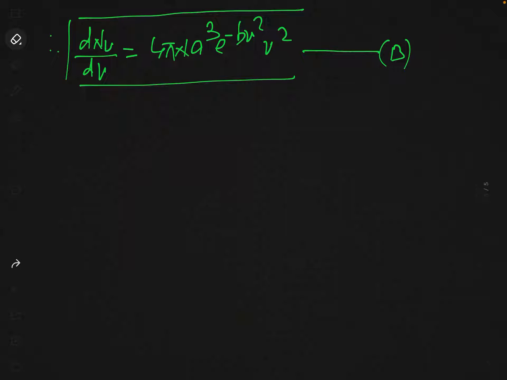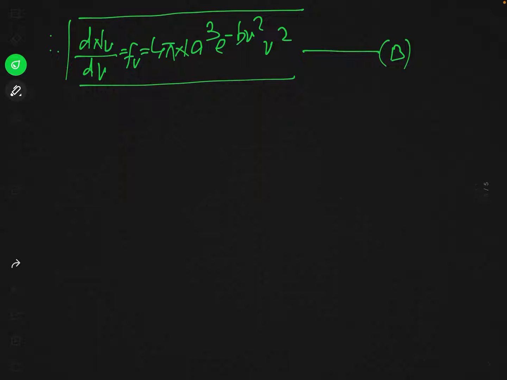So now we will denote this distribution function by the symbol fv. So you can write fv is equal to 4 pi n a cube e raised to the power minus bv square times v square.